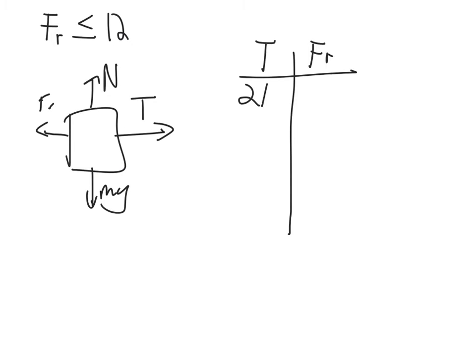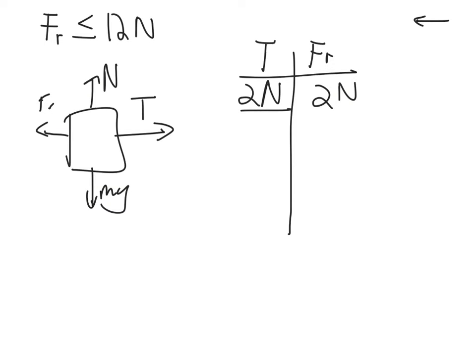So if our tension was 2 newtons, 2 newtons is less than the 12 newtons that the friction can sort of hold. But our force of friction is not going to be 12 newtons. It's actually going to just match up whatever our tension is at that time. If our force of friction was greater, that would mean the friction was actually causing the box to move to the left, which doesn't happen.